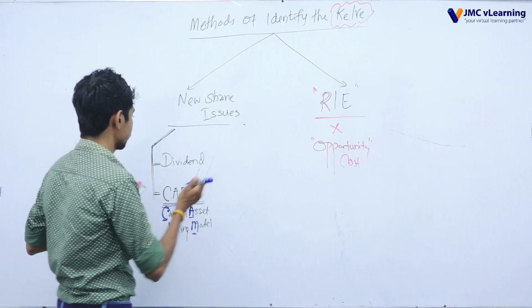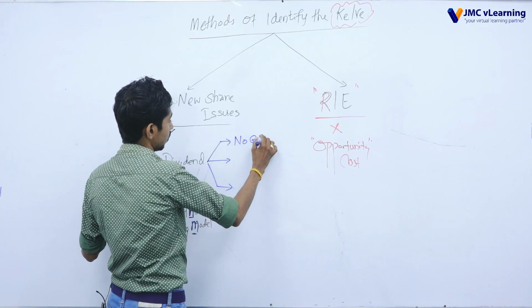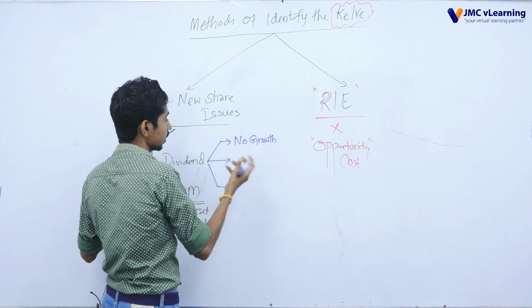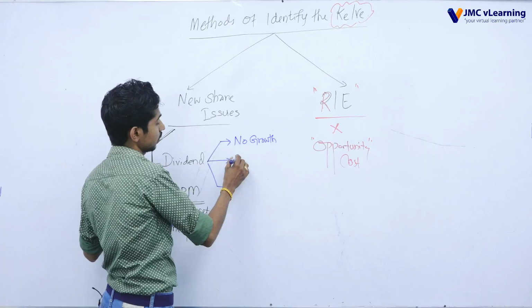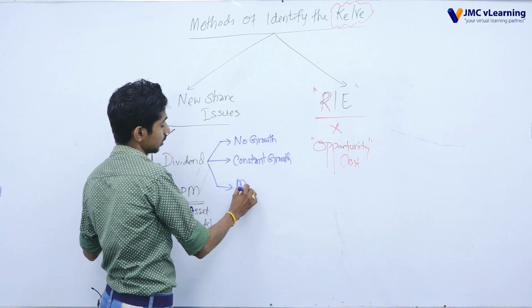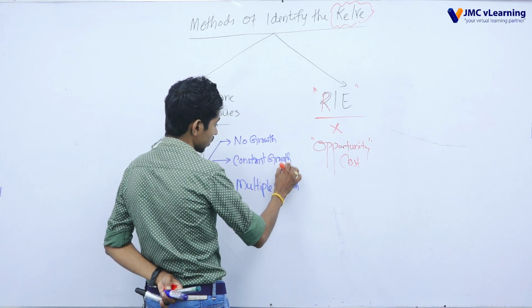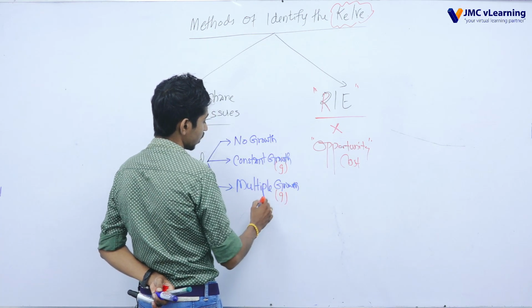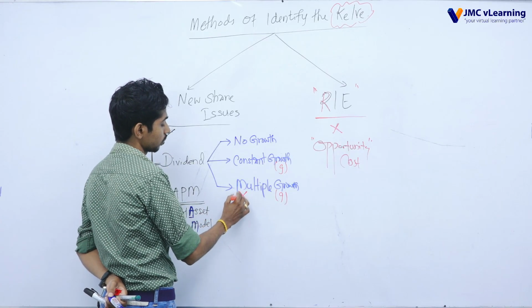Based on the dividends, there are three: no growth, meaning the same dividend with no growth; second, constant growth; third, multiple growth. Here we have to identify the growth rate, G. In our syllabus, multiple growth will not be tested.